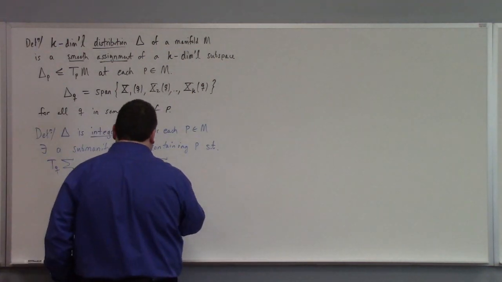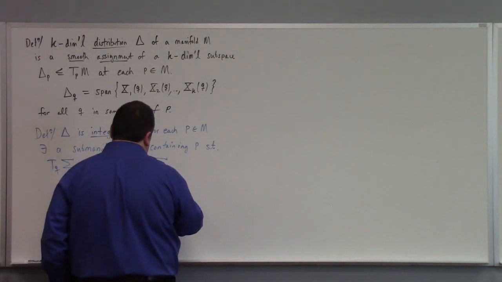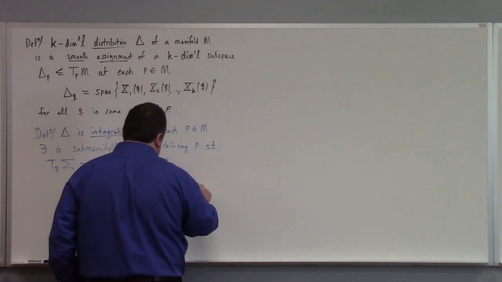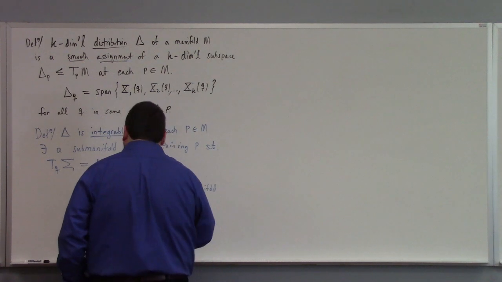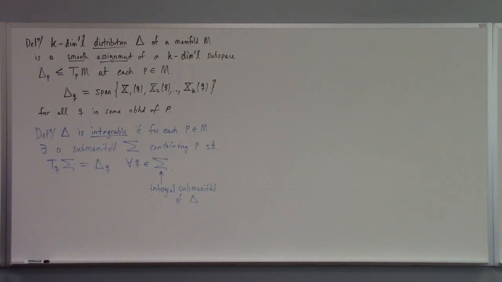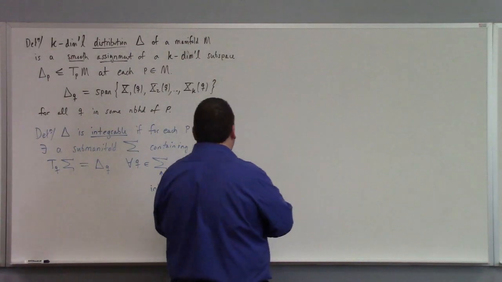So this is an integral submanifold of delta. As I was just saying, integral curves are the first example of this. A vector field is a one-dimensional distribution, right? Or at least it corresponds directly to one.